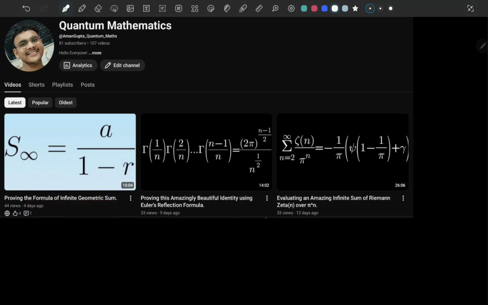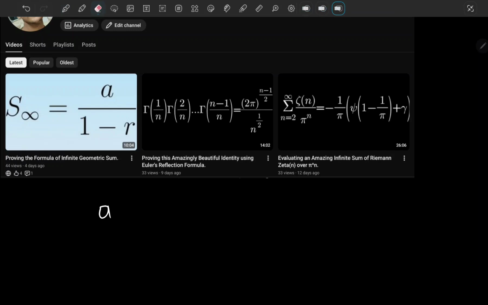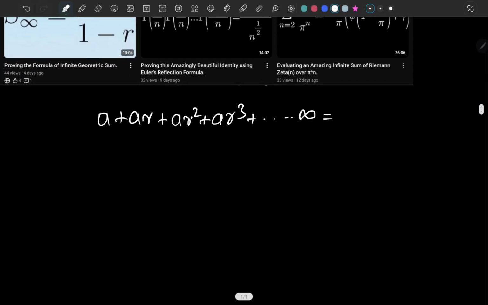Right. So what's an infinite geometric sum? It's basically in the form of a plus ar plus ar squared plus ar cubed, and that just keeps going up to infinity, and this comes out to be a over 1 minus r.